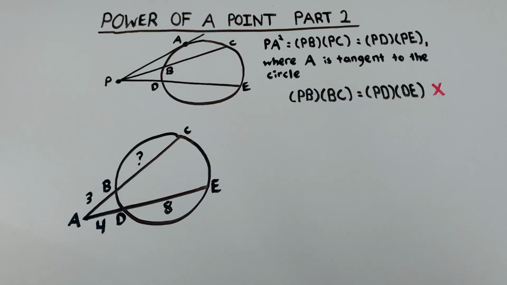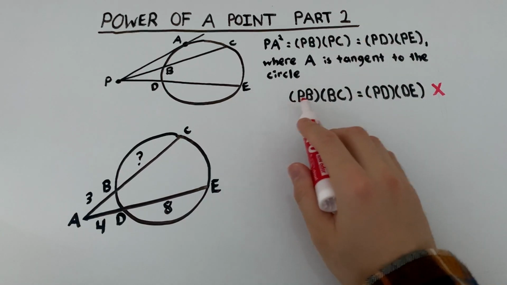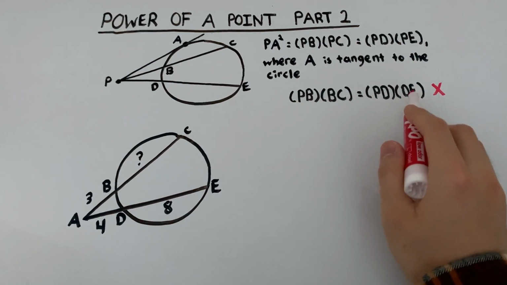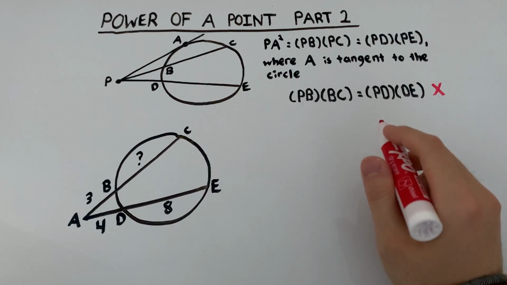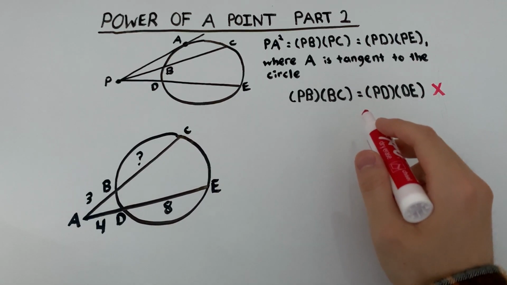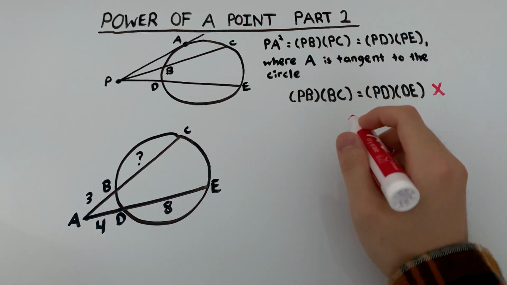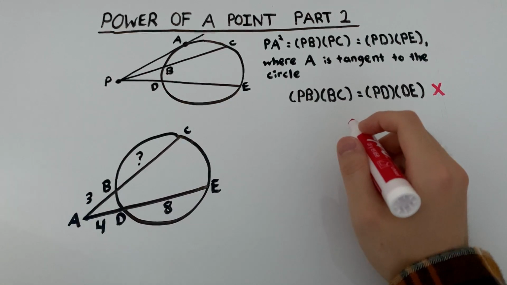Now, if you find yourself getting confused and you can't remember this because you're always thinking of this, one way to not get confused is to look at your equation and realize that in the correct version, the same point must appear in all segments involved.